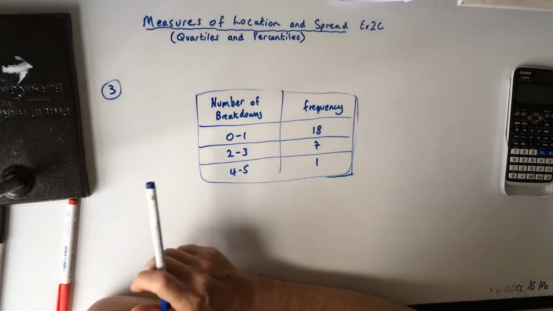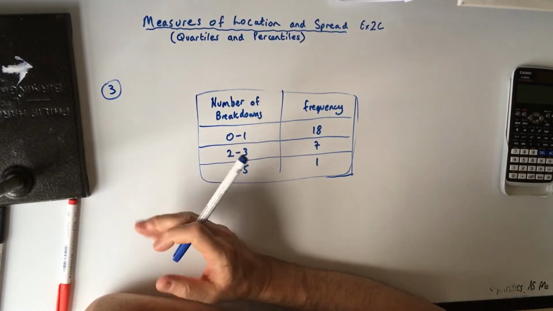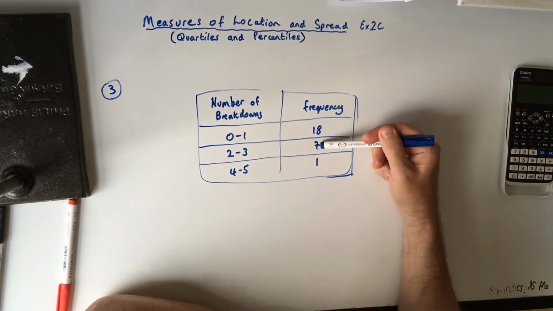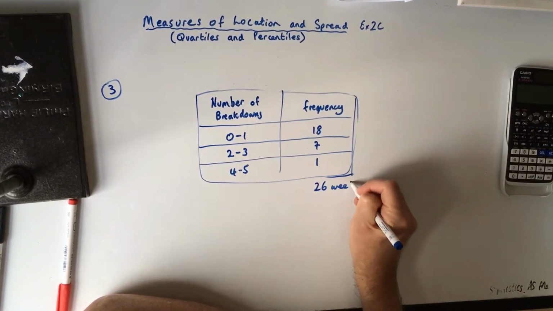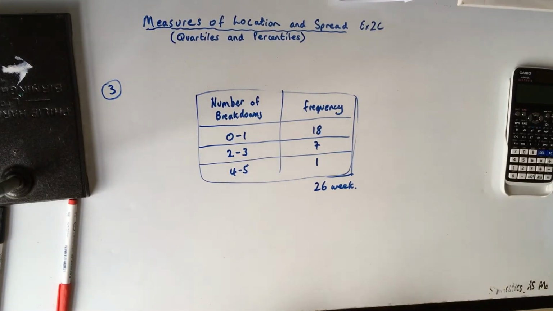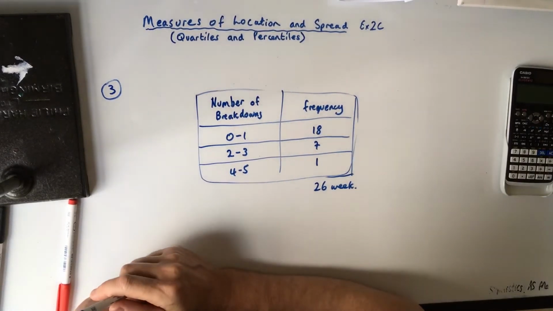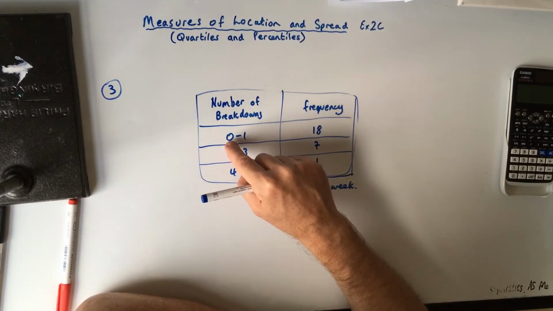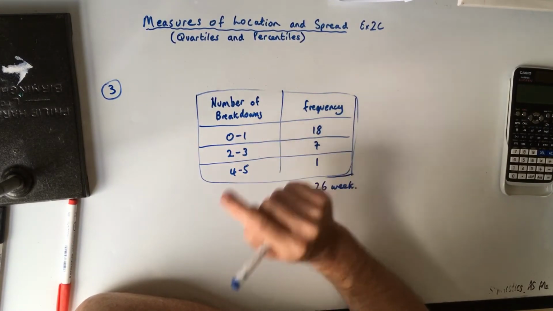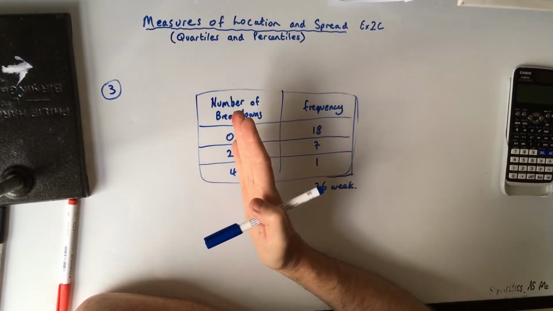It's a 26-week period, and each week it looks at the end of the week and says how many breakdowns have we had. So 18 times it had either no breakdowns or one breakdown recorded at the end of that week.